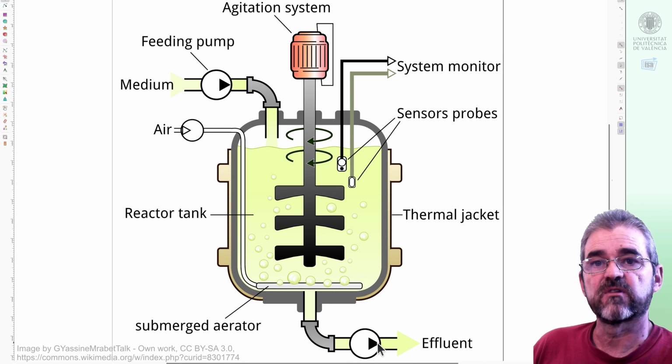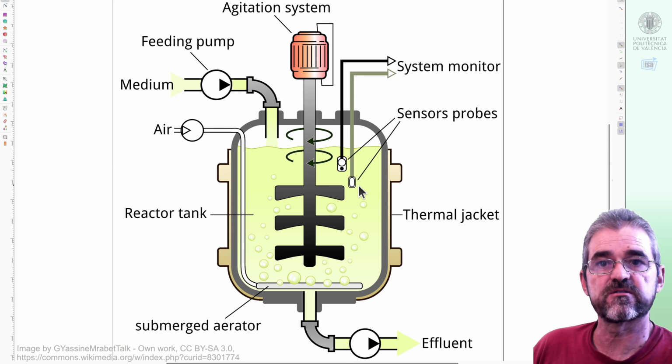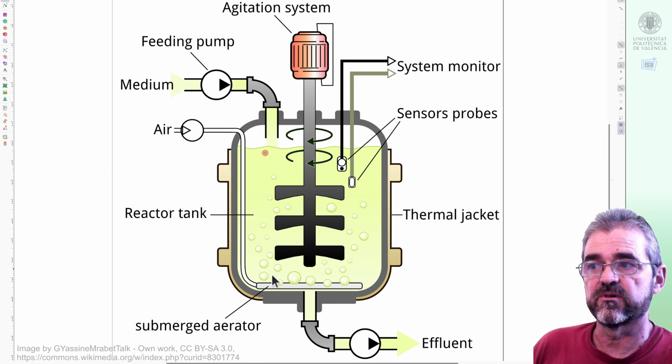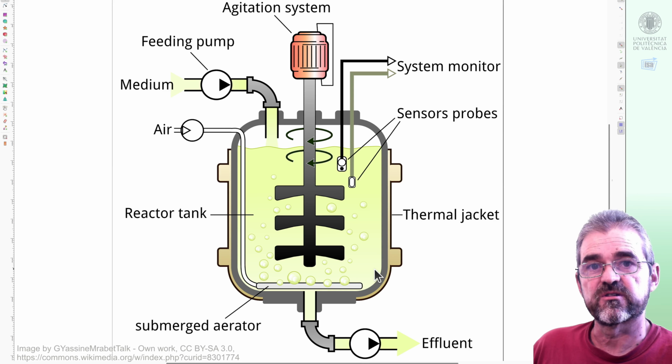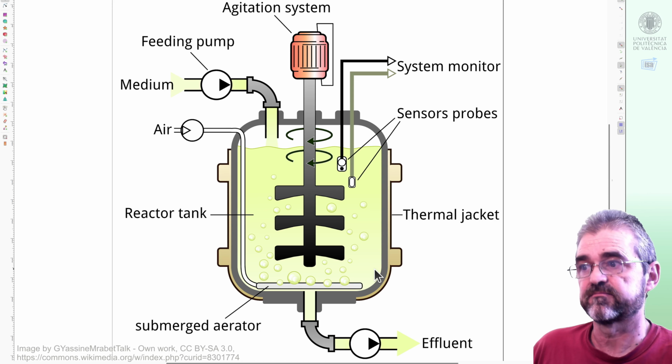We can extract fluid from the tank, and we have some temperature, pH, concentration sensors in order to control this process, and maybe we have some thermal jacket to be able to keep an optimal growth temperature. So it's in this kind of installations where microorganisms are grown for food industry or pharmaceutical companies or whatever.